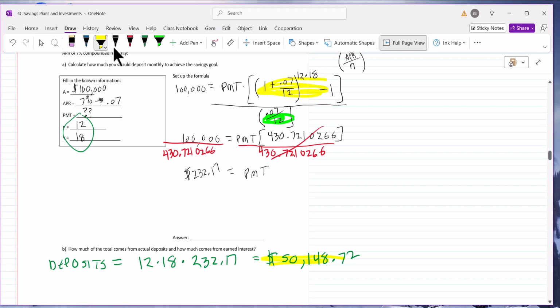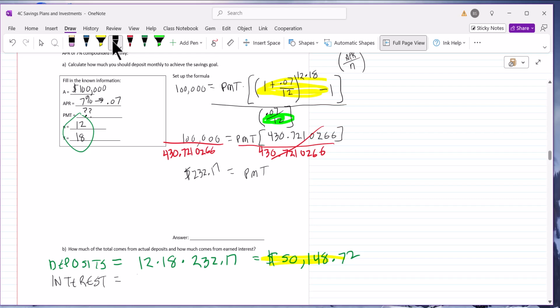Okay, now we're going to figure out the interest on this. So how do I figure out how much interest was earned on this $100,000 savings? I've got to use two numbers. What are the two important numbers? 100,000. What's the other one? The 50,000 figure, right?